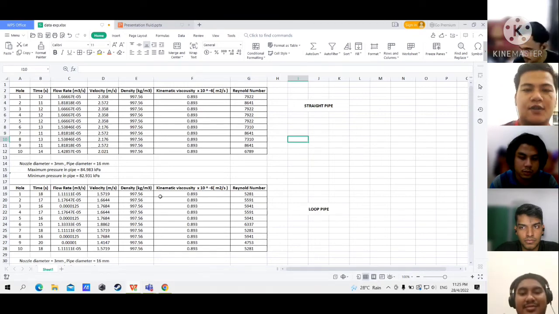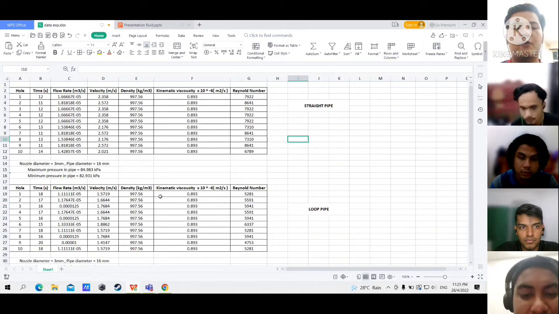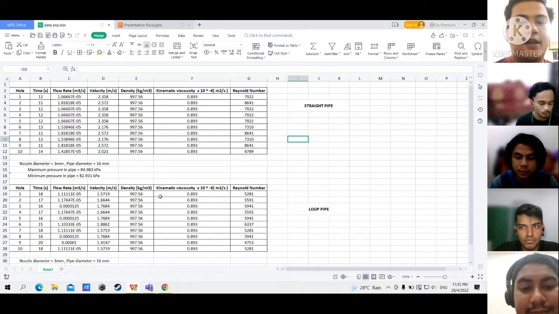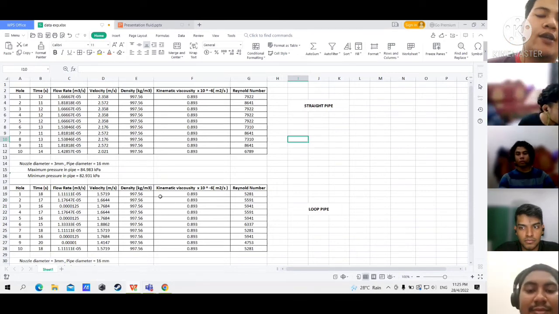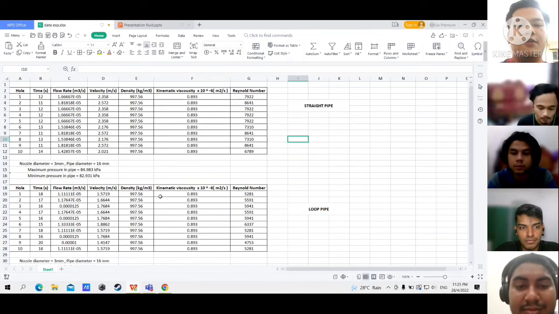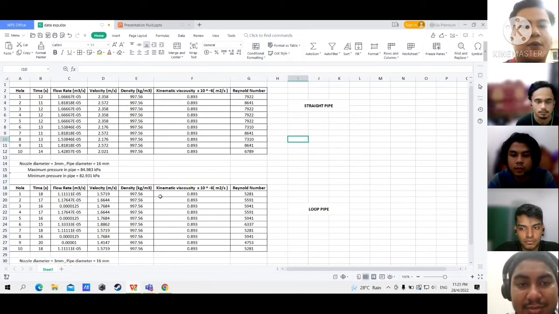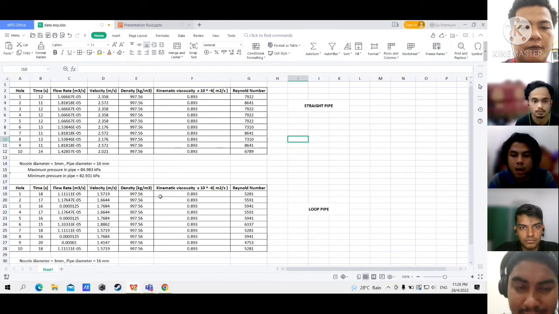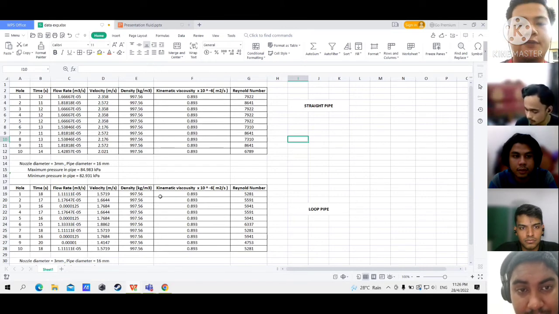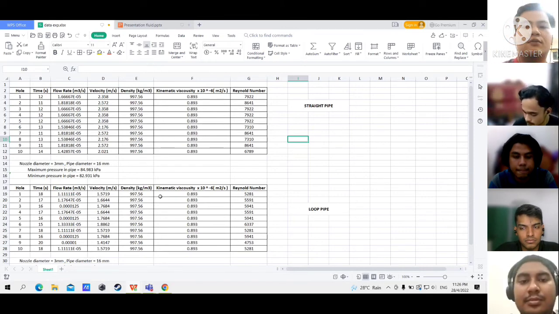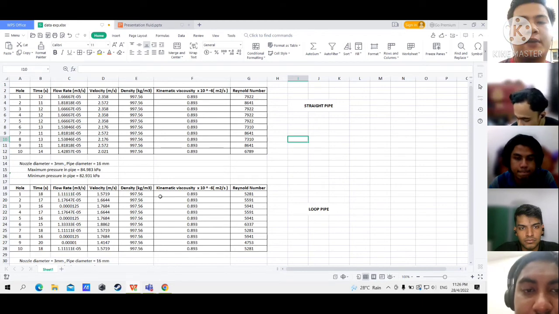Yes, Assalamualaikum. Okay, we conducted two experiments, for a straight line pipe and a loop pipe. We used 10 nozzles for each experiment. For the first experiment, we took a quantity of water of 200 ml and measured the time for the water to reach 200 ml.